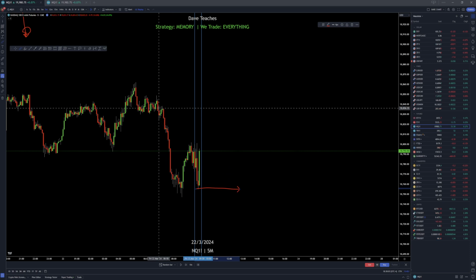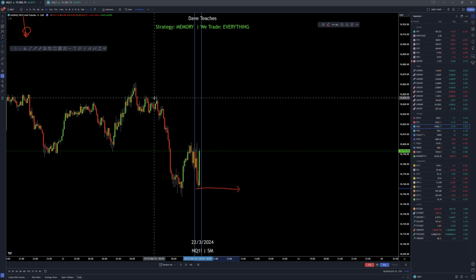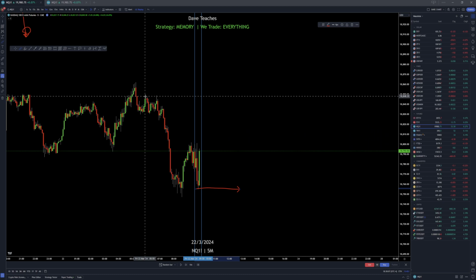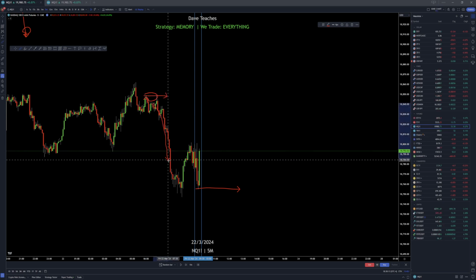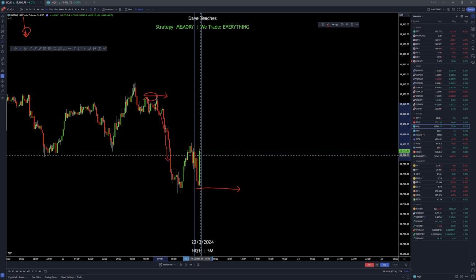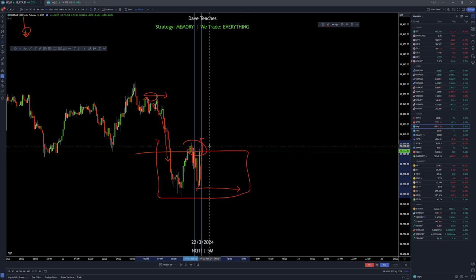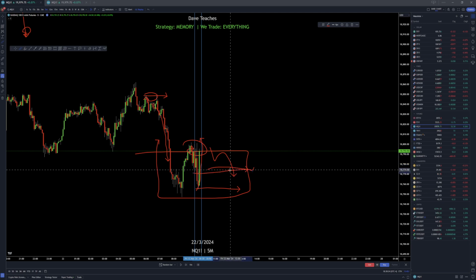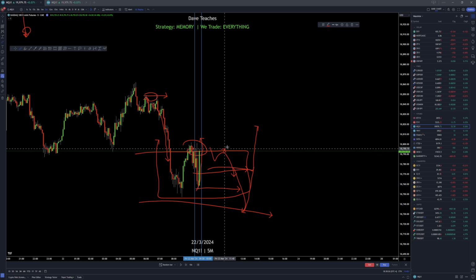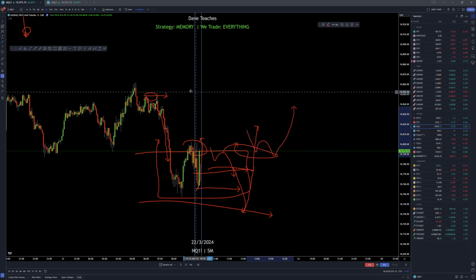The job of 9 o'clock is to put a wick in the 6 o'clock 4-hour candle, right? That's the body on it. And the job of 9 o'clock to 10 o'clock is to leave a wick behind there, right? So in the event that we trade back into here, we're in a wick, but we could run the wick slow and then trade back into the high of the wick like that, right?